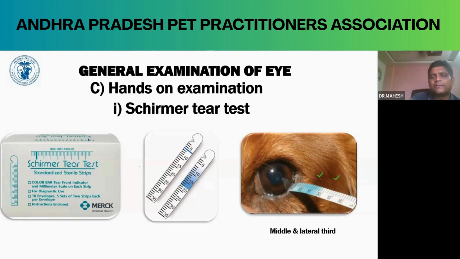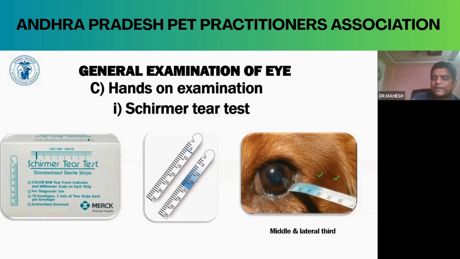So here is how we have to measure. You can clearly appreciate the blue color staining up to approximately 17 mm. This is what you will see after keeping the strip in the lower fornix. The placement is generally in the lower eyelid, between the middle and the lateral third of the lower eyelid.